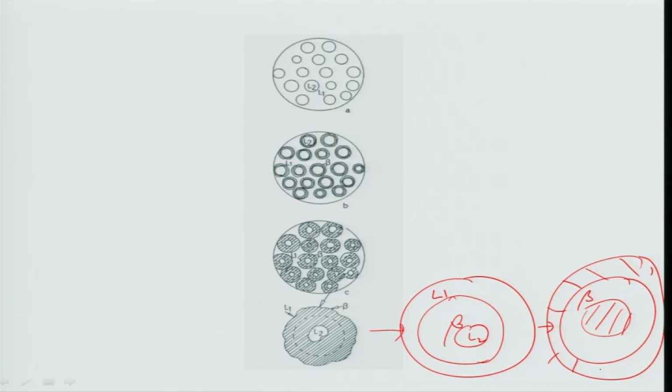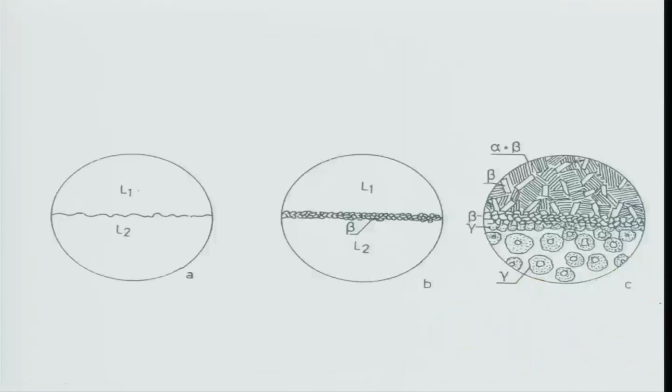That is what I am drawing. This is what is shown here. L1, L2, I just discussed, the beta forms, and then it seems there is a peritectic reaction on the right side and a eutectic reaction on the left side. That is why L1 undergoes a eutectic reaction and L2 undergoes peritectic reactions. That is all it is.